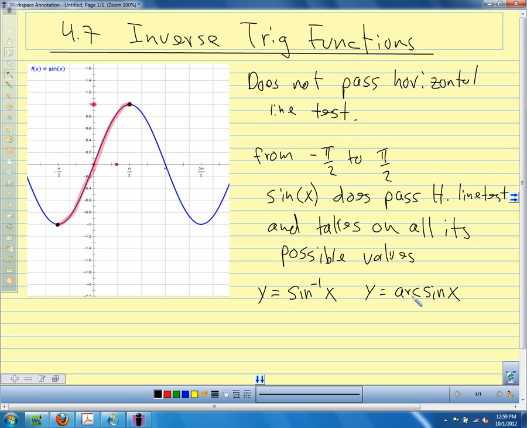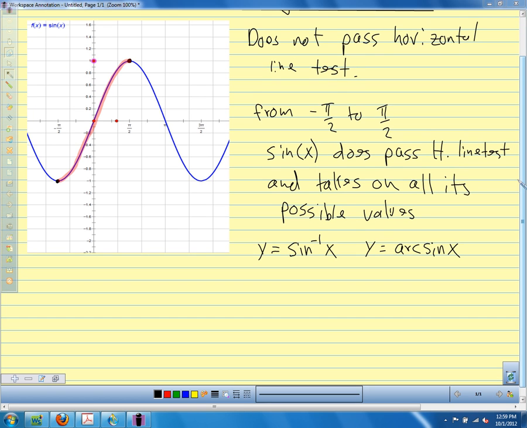A couple of important things about the inverse sine function. The important thing to remember about inverse functions: the inverse sine of a number is an angle.